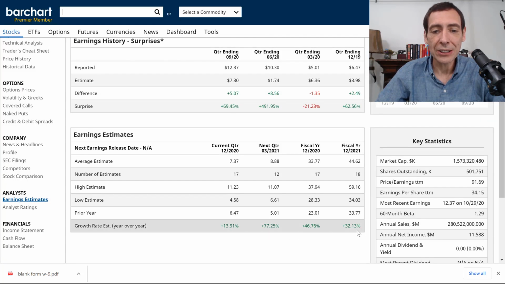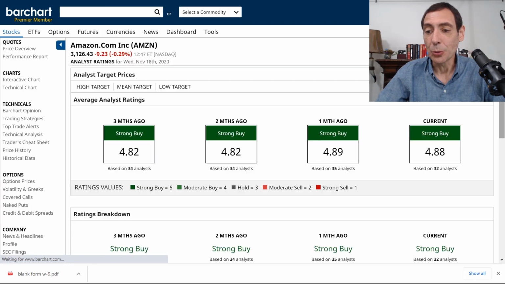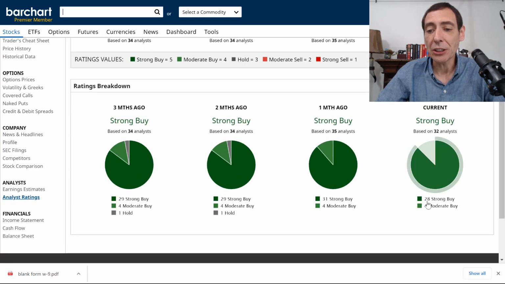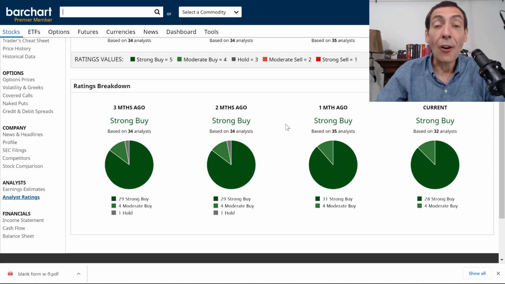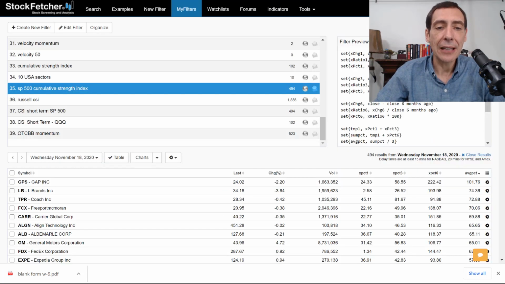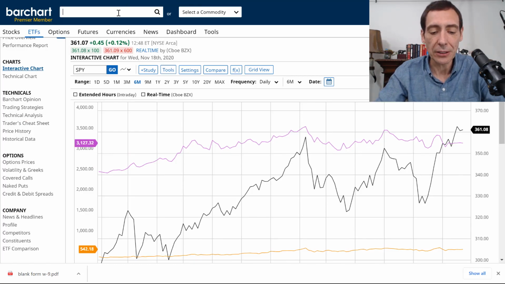All 4 earnings estimates are higher, and the last 2 earnings surprises are higher. And then if you look at analyst ratings, you will see there's a correlation: 28 strong buys. So our system and our algorithms take into account technical factors, correlation, and also volatility. Let me show you volatility.